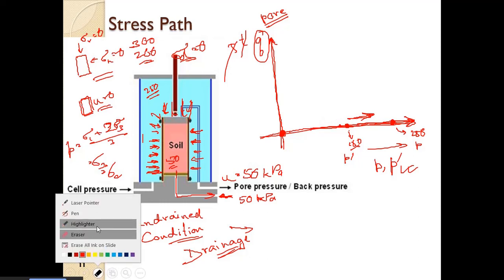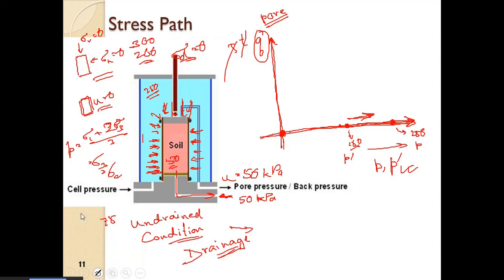So what is the effective stress now? Effective stress is 250 minus pore water pressure, so this is cell pressure minus pore water pressure, so P dash is equal to 200 kPa. So it will move from 150 to 200 kPa.